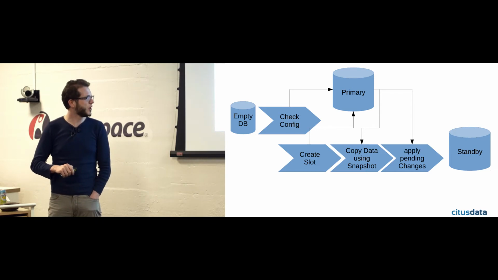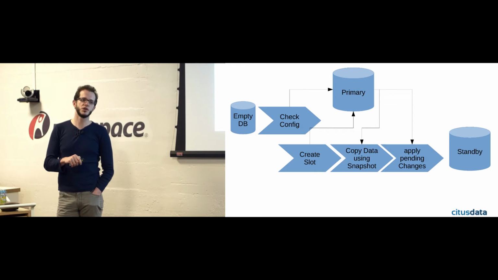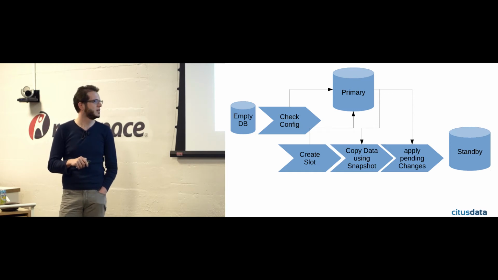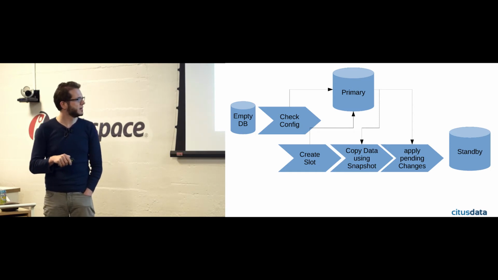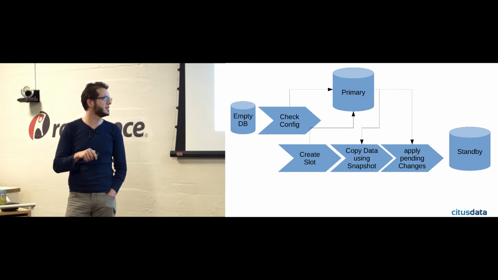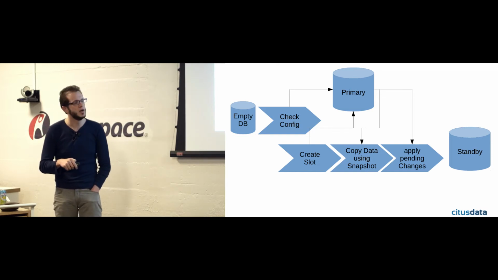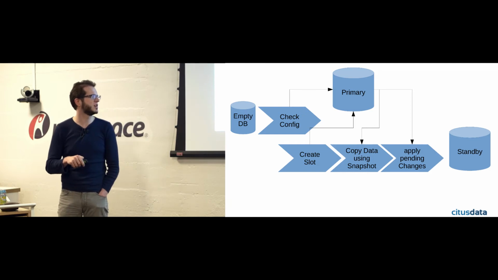Then it will start copying the data. And that is possible because when you create a slot, it gives you a snapshot back of how the data looked while you created that slot. And then the data is copied. And after the copy is finished, you can get all the data from the slot that has been changed since that initial snapshot. And after that, you have a finished standby.